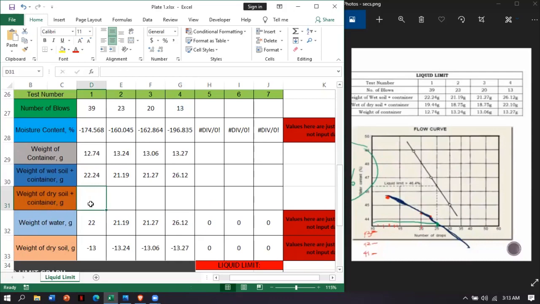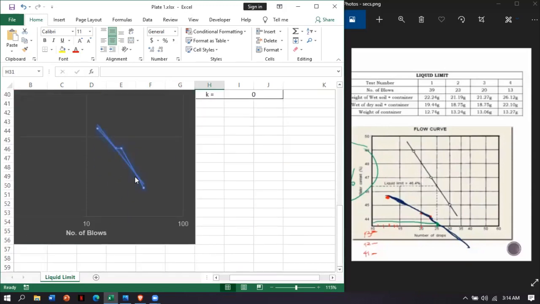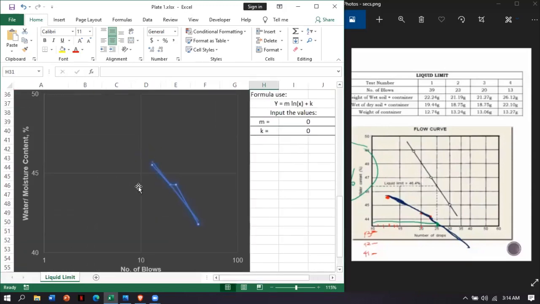Last one is the weight of dry soil plus container, in grams: 19.44, 18.75, also 18.75, and last one is 22.10. Here is our graph for the liquid limit.